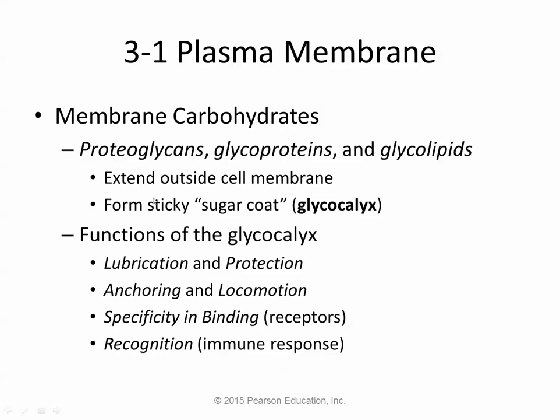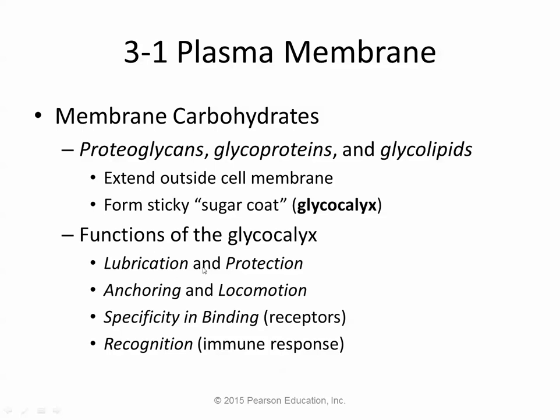These form a sticky sugar coat called the glycocalyx, and a lot of times this is important for cell mobility, or in the case where you have other cells that are just fixed in an organ, this glycocalyx will help attract and slow down things within the blood. This is especially important in immune function, and so it acts as a kind of substrate for things to stick to. So it has a lot of functions.